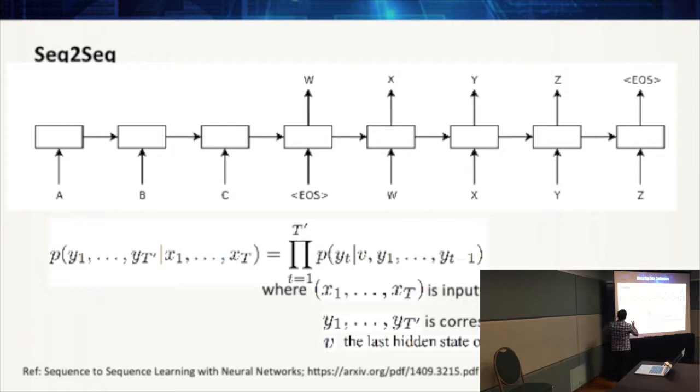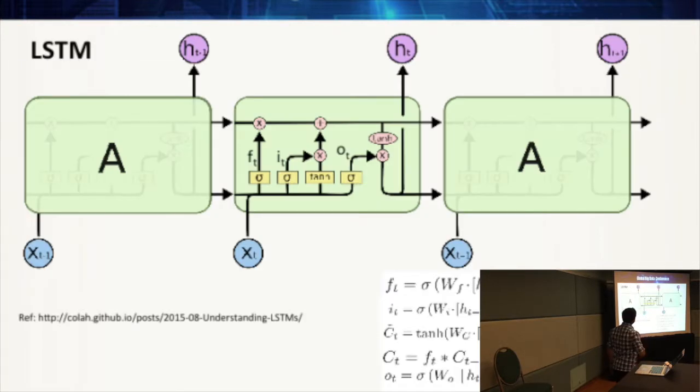This approach of giving the entire sequence of input first and then expecting the entire sequence of output next is called a sequence to sequence model. If you take a single LSTM, you're giving A as an input.